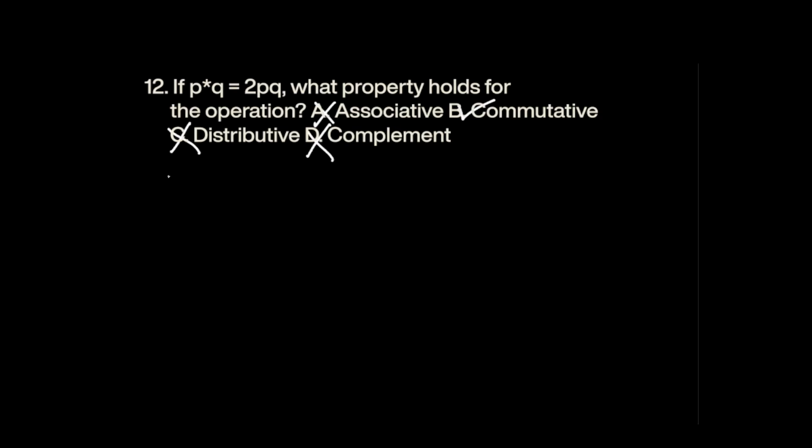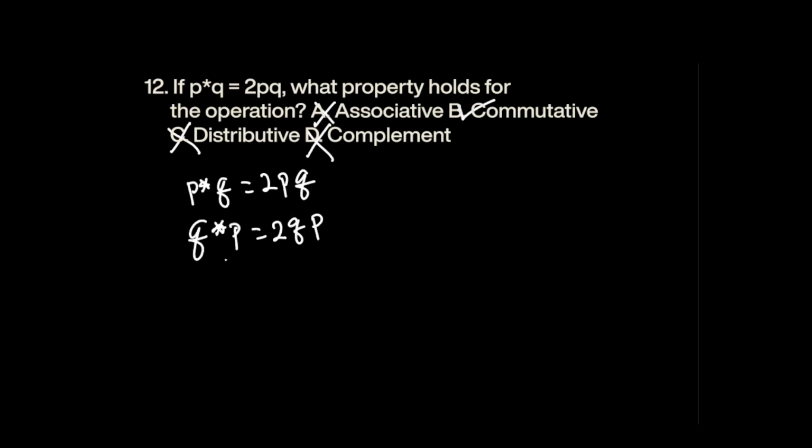But how can we check? We can check if it is commutative by saying P operation Q equals 2PQ. If Q operation P can also give us the same result, then it means it is commutative. So this is going to be 2QP. P operation Q gives us 2PQ, and Q operation P gives us 2QP.